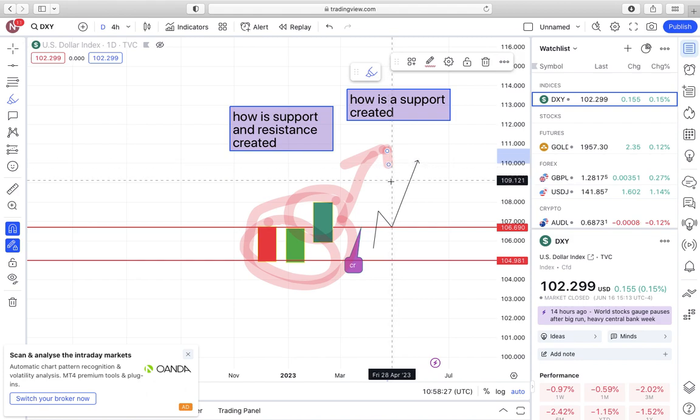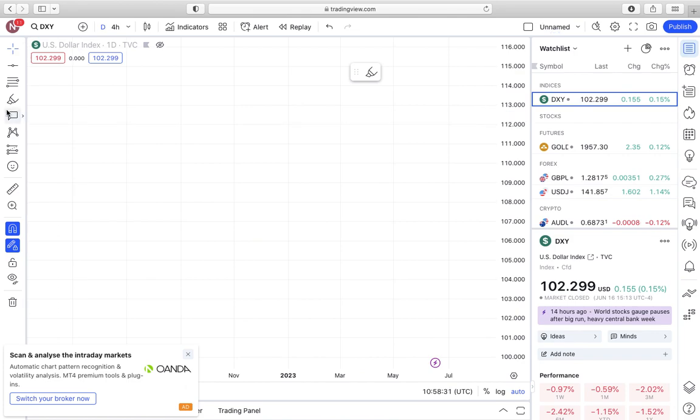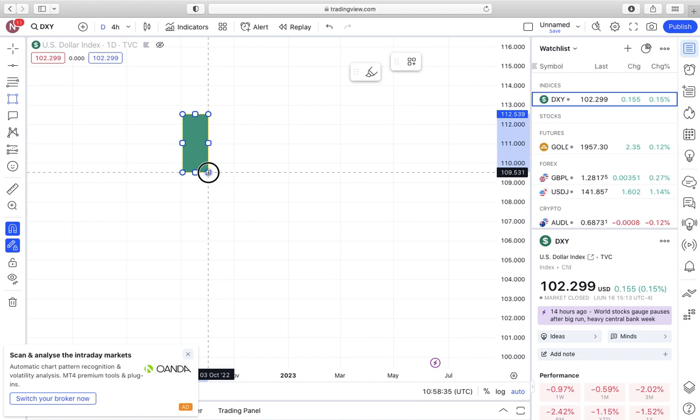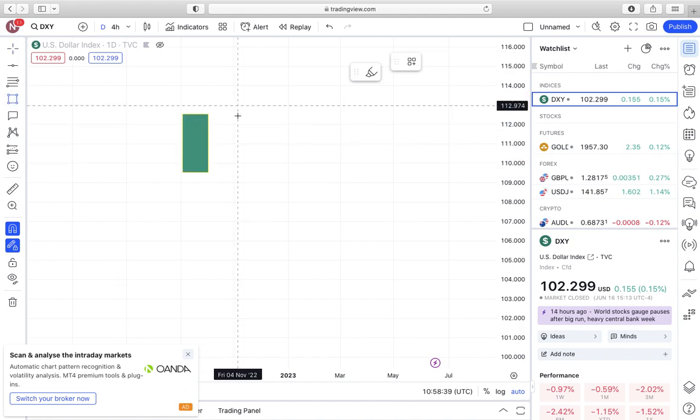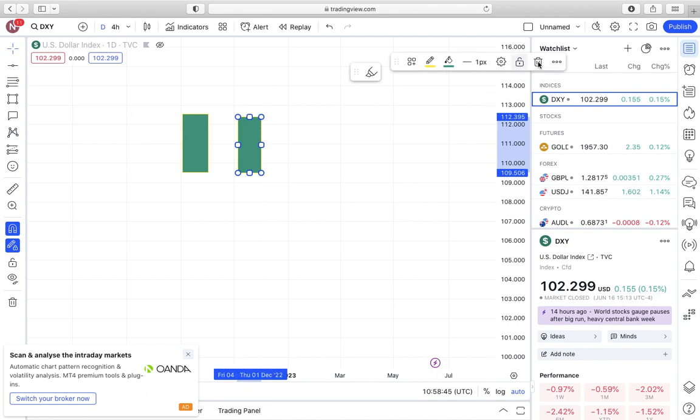Let us go to how resistance is created. Let me remove everything and we check how resistance is created. This is it. Resistance is created when a bullish candle is formed at a key zone, followed by a bearish candle.